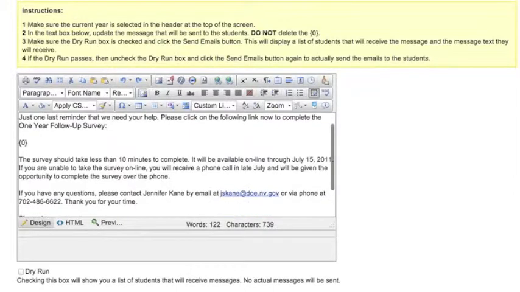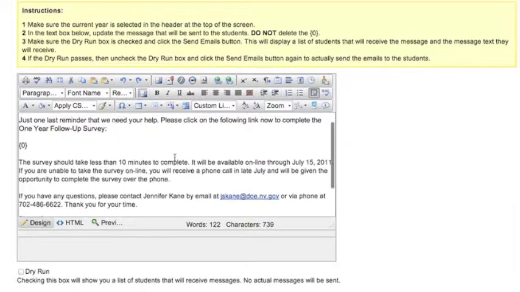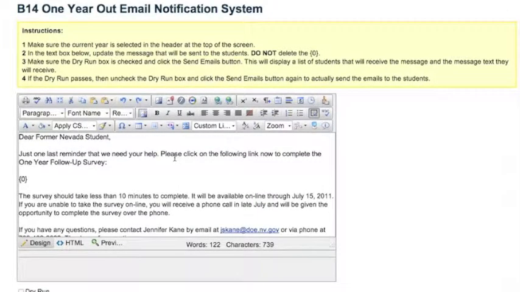And when they click the send emails button, it blasts an email message to all the students that have an email address and took a survey last year and lets them know that their 1-year out survey is ready to complete. Those students can then go online and by entering a randomly generated unique secret code, they can access their own 1-year out follow-up survey and complete it completely online.